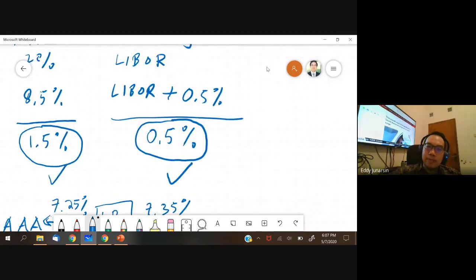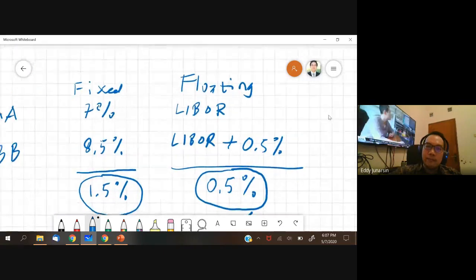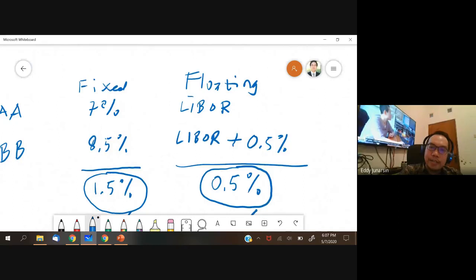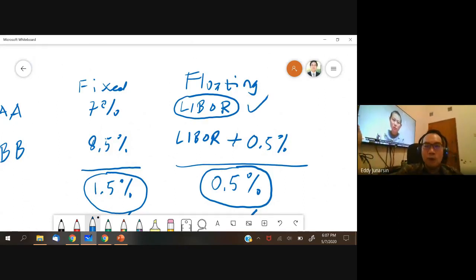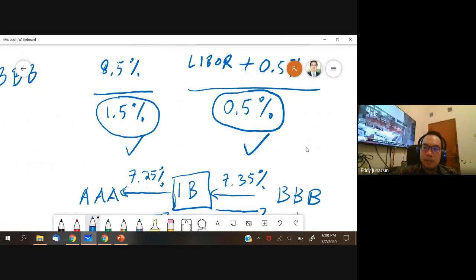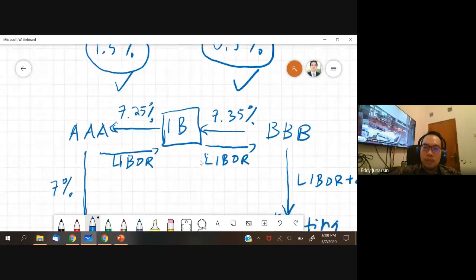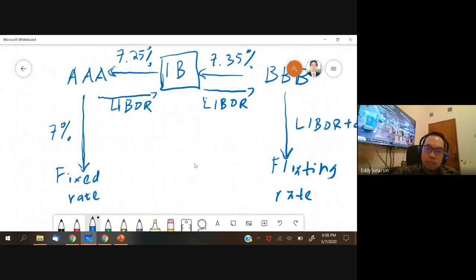The triple A firm is telling the triple B firm, if I issue the floating rate debt or bond by myself, then I would have to pay only LIBOR, right? Why should I pay LIBOR plus half, even if we want to exchange something? So most likely the triple A firm will negotiate or will be persistently asking for LIBOR payment only instead of LIBOR plus half, right?